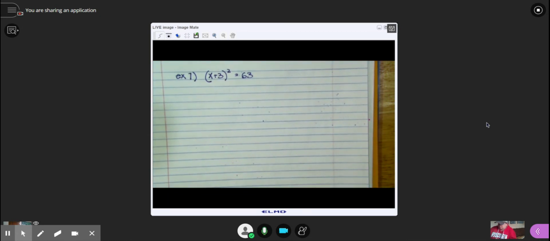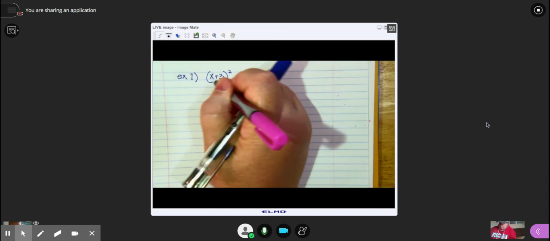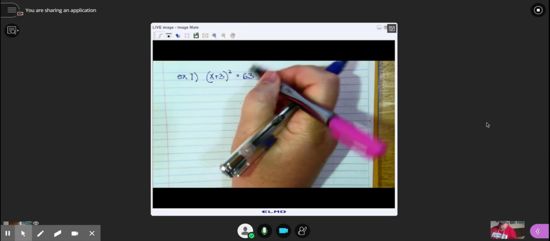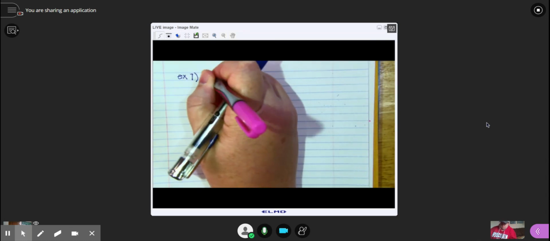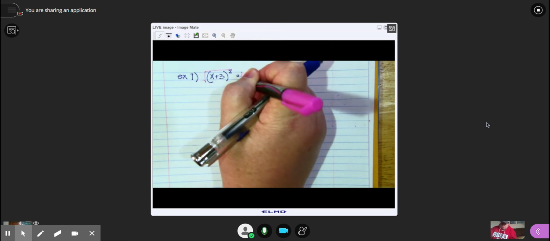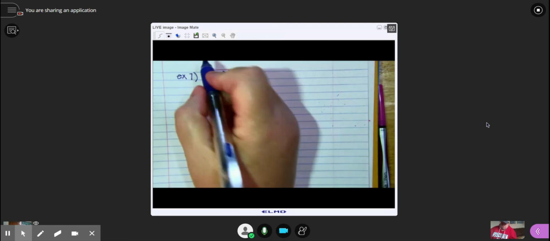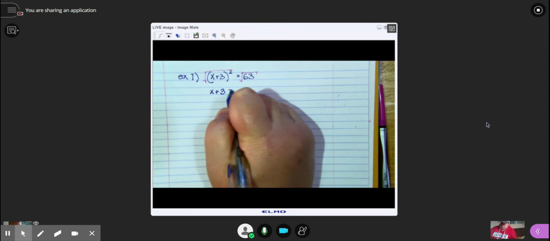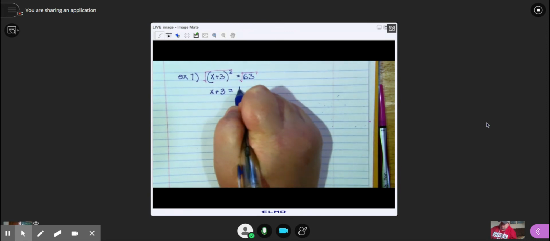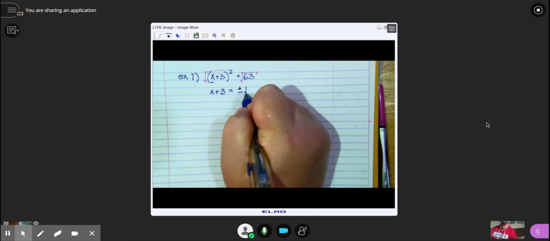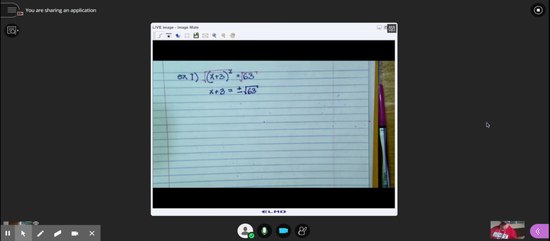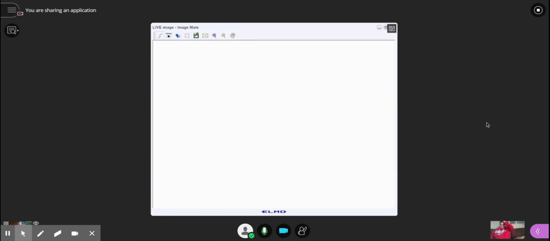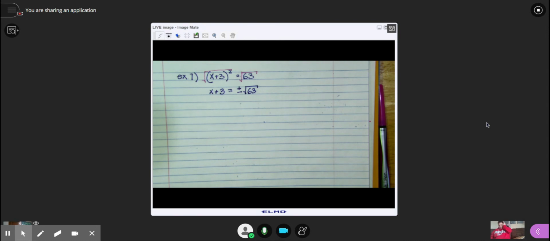All right, so same idea here. I've got a perfect square on the left side, so I can take the square root of both sides. X plus 3 is equal to a positive negative square root of 63. Can you simplify the square root of 63?